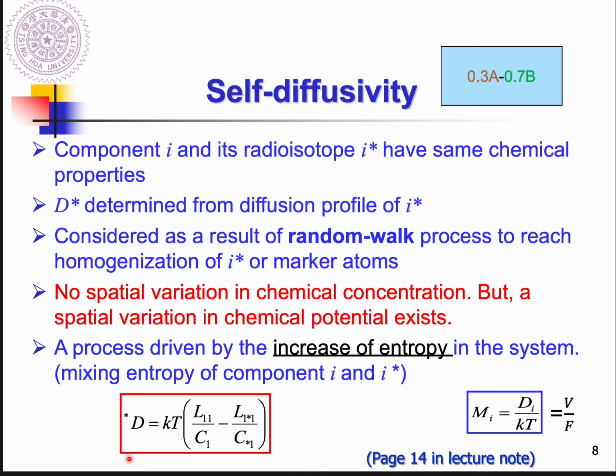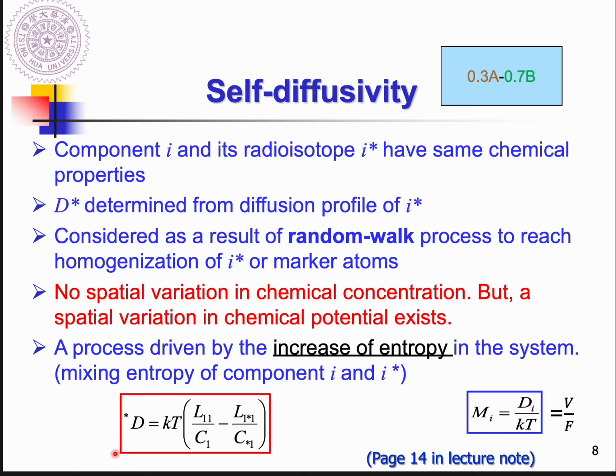In this case, self-diffusivity D star equals kT times the direct coefficient L11 divided by the concentration of component I, minus the coupling coefficient divided by the concentration of the radioisotope. So the self-diffusivity is proportional to the absolute temperature and related to the direct and coupling coefficients and also the concentration of component I and the radioisotope.